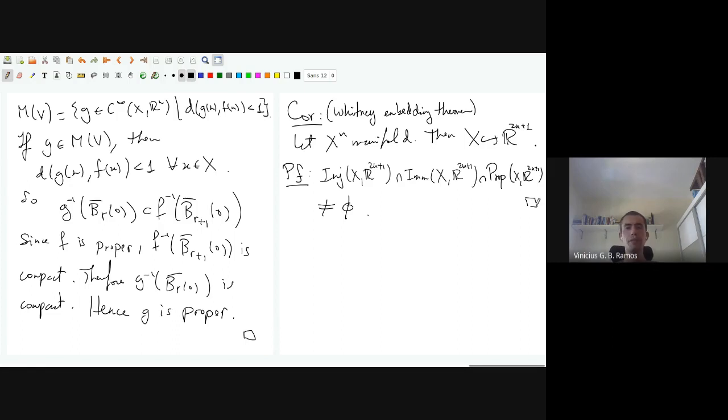Okay, so we're just proving that this set is non-empty in general. We're not claiming that it's necessarily super easy, or that the set is residual or anything. I think it's not, because if you start with a map that's not proper, you can't necessarily perturb it to become proper.